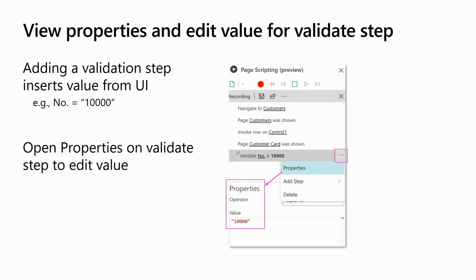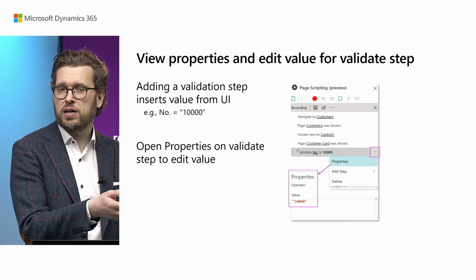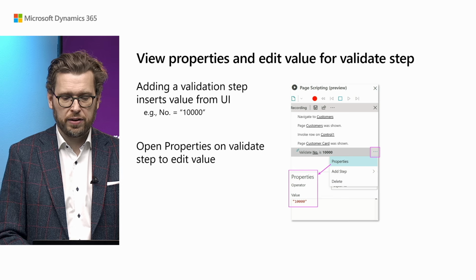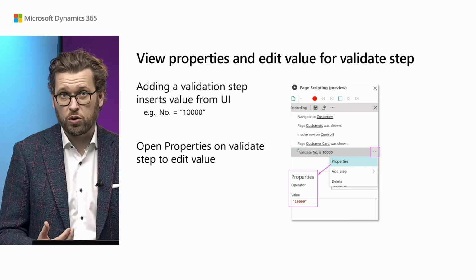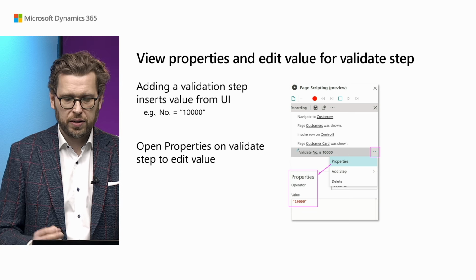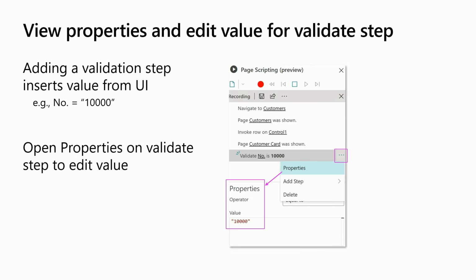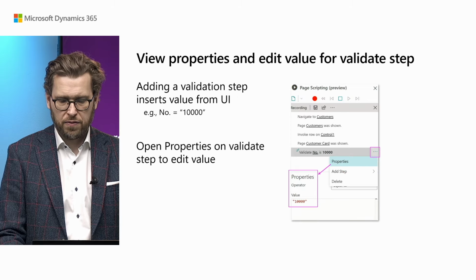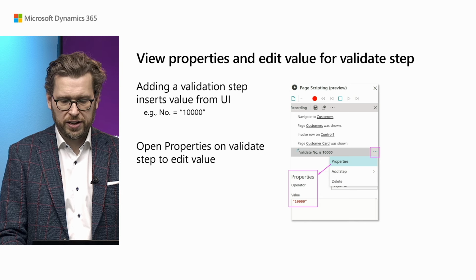Now, maybe it's not 10,000 that you want, right? That was what was there during the recording, but maybe you want to test it for another value, or maybe you want to test it for being different than what it normally is, so that it fails for some reason. You can click the three dots to open a context menu on the step and select Properties, and that will open up a properties pane in the page scripting pane, and there you can set the value that is being used for the validation.